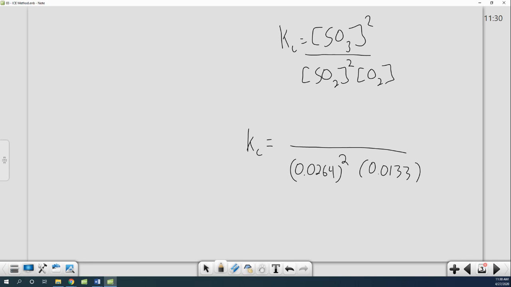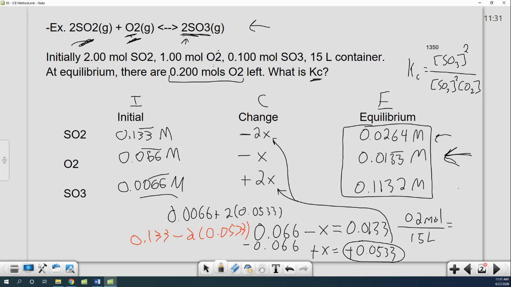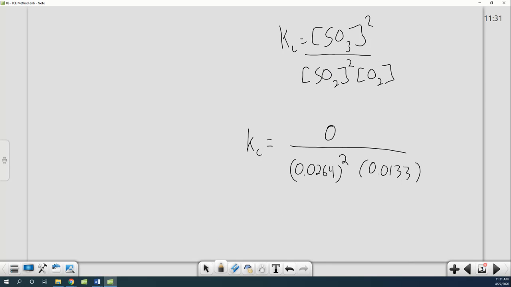Whoop, dropped my marker. And what else do I know? SO3 is 0.1132 squared. All right. Now, the trick to these ones, because there's a lot going on here calculator-wise: do the bottom first, write down your answer, then do the top, write down your answer, and then solve it.